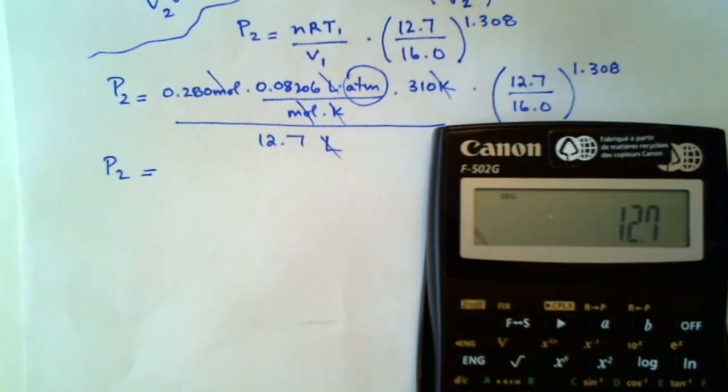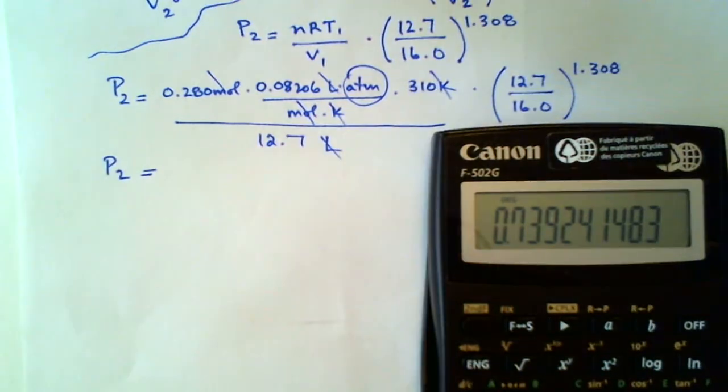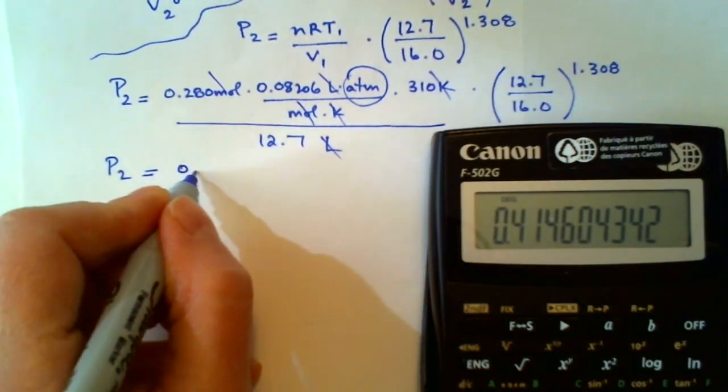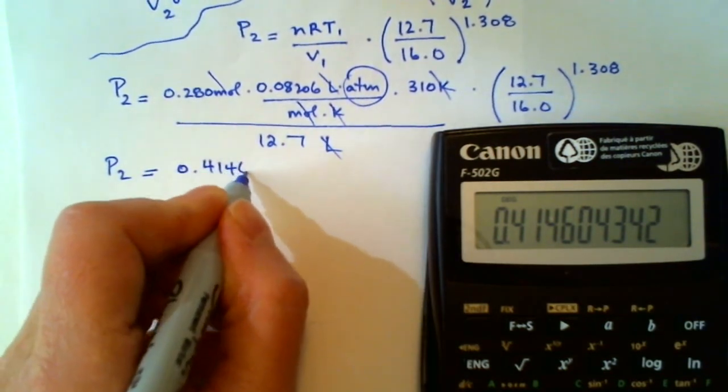12.7 divided by 16.0 raised to the 1.308. So that's 0.739. Now I'm going to keep multiplying, so by 310, and then times 0.08206, and then divide by 0.28 number of moles, and then divide all that by 12.7. 0.4146 atmosphere.